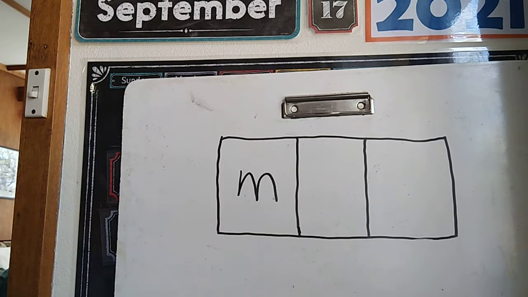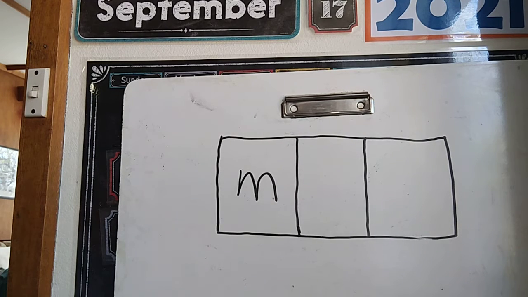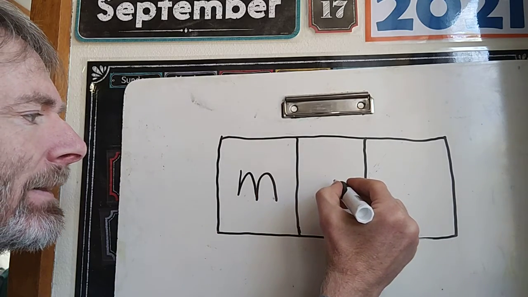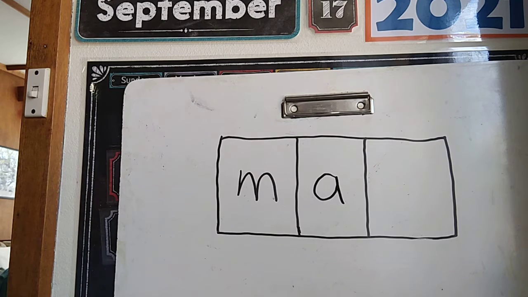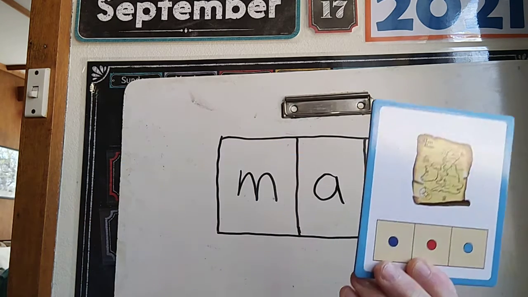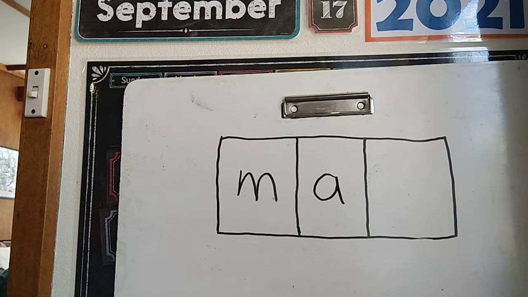Map. The second sound is ah. What letter are we going to write down for ah? I'm going to write down the A. All right. Now, the third sound in the word map.